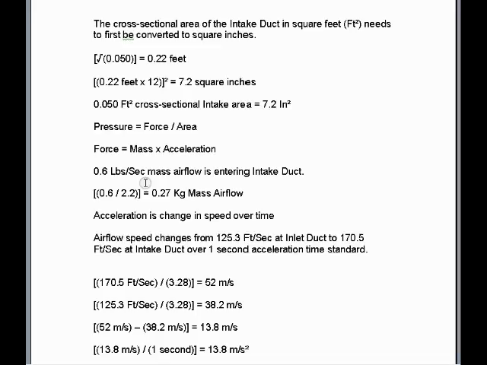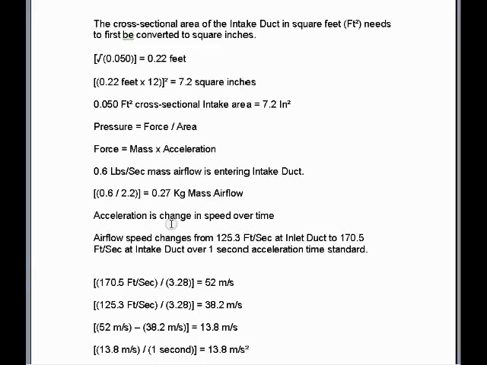So next we take the mass airflow in weight pounds per second and convert it to kilograms per second by dividing 0.6 into 2.2. So 0.6 pounds per second is equal to 0.27 kilograms per second mass airflow.